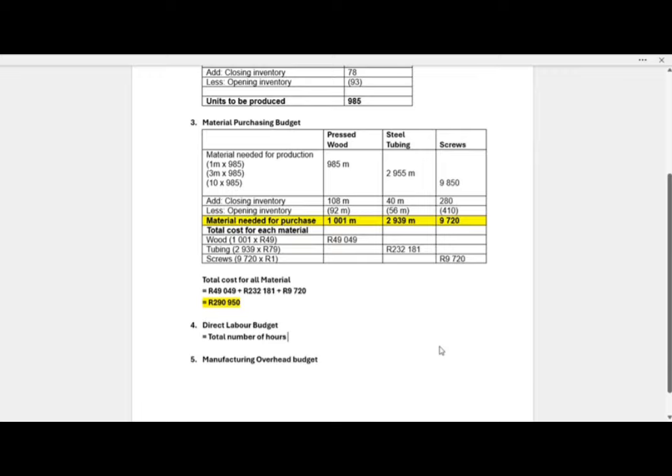As I was saying, direct labor budget is equal to the total number of hours worked to produce 985 desks, multiplied by the rate per hour.